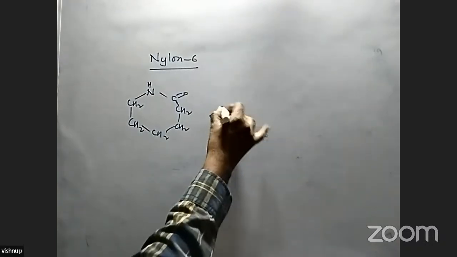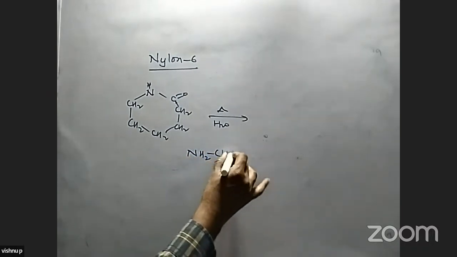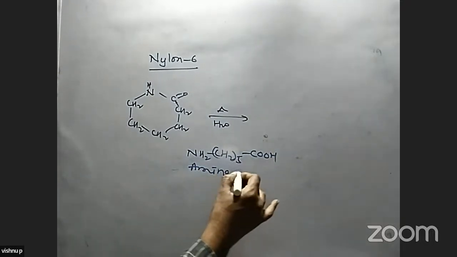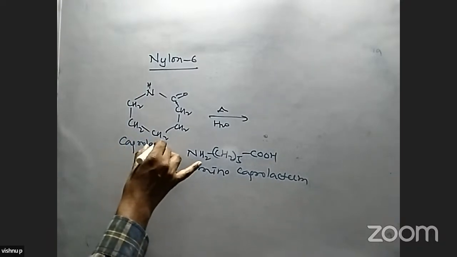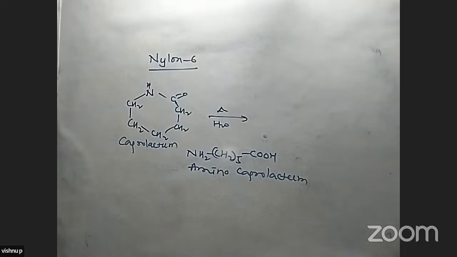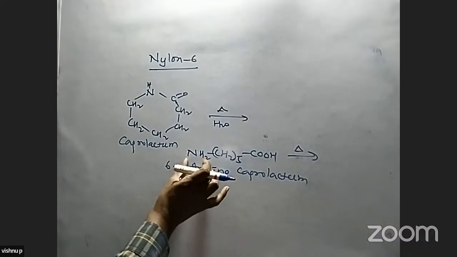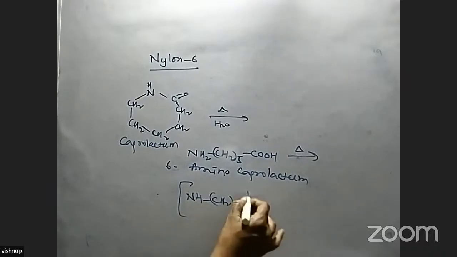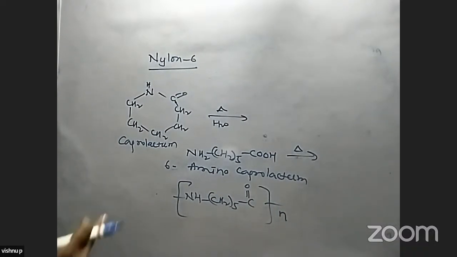It is heated in the presence of water, and we get NH2, CH2 five times, COOH, called 6-amino caproic acid. Then it is heated, water is separated, with one side H and the other side OH group from different monomer units, and we get this compound, CH2 five times, CO. This type of polymer is formed, and it is called nylon 6.